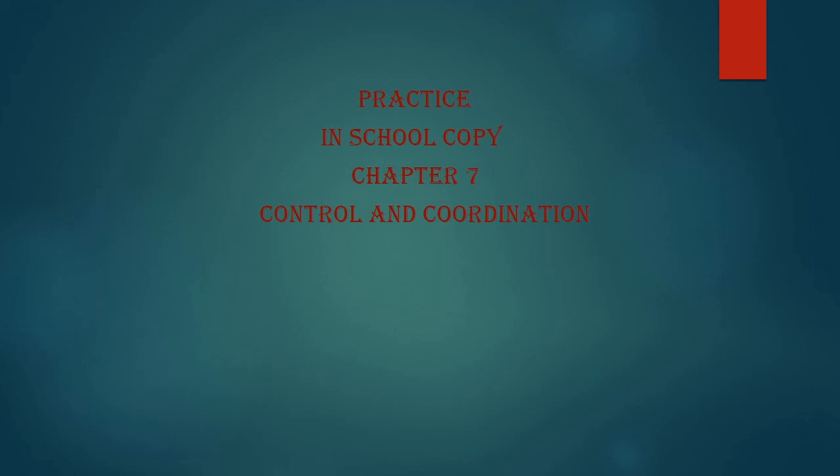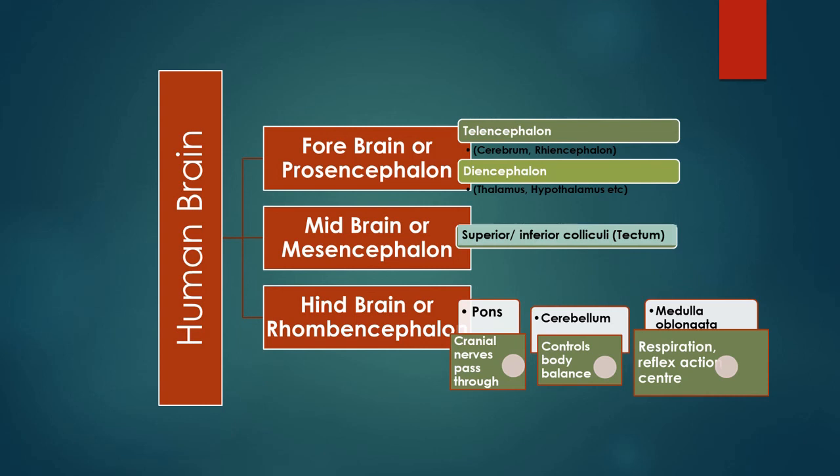Here, from 3 items, 2 diagrams and 1 chart, you need to practice. I also told you a bit in the previous video class. This chart you can remember. Write down this chart: human brain with the subdivisions forebrain, midbrain, hindbrain. Then forebrain to the telencephalon and diencephalon, with the parts cerebrum, thalamus, hypothalamus.